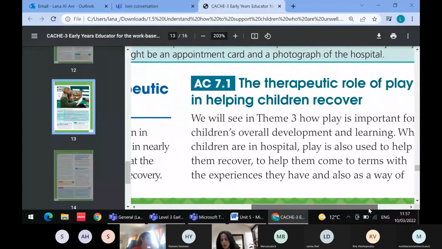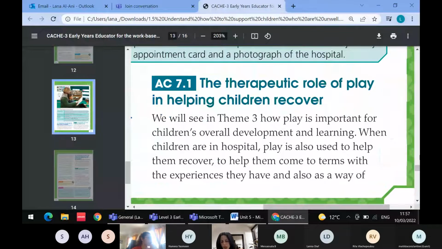Okay, 7.1. So role playing is very important for the children, for their development, for their learning. When they are in the hospital, playing is also used to help them to recover. Playing will help them to enrich their experience, and they will understand a lot more about the hospital when they are inside.